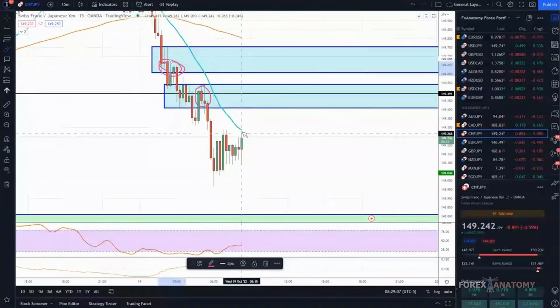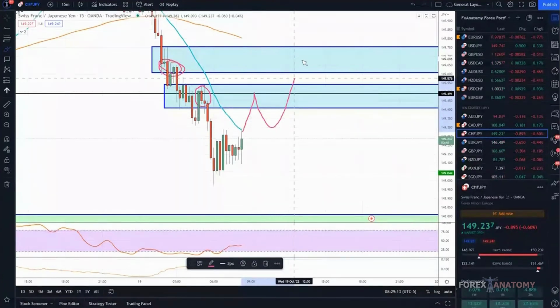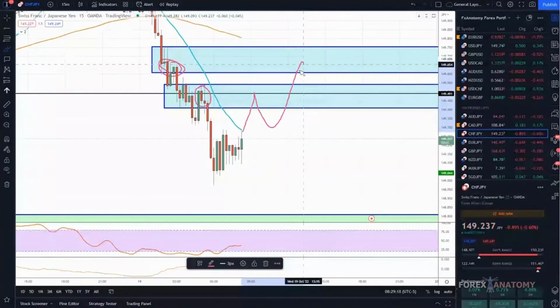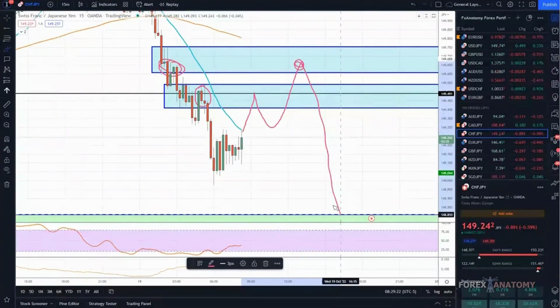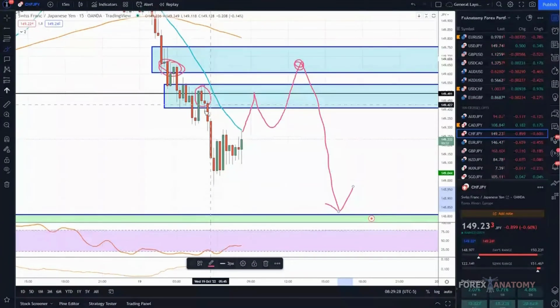So there's a possibility we could see price push up, come into this area, come down, form like an inverted head and shoulders, and then pop up to this area, giving us a 3-wave pullback. And then from here, we can look to sell. So I'm going to see if that's going to take place. I would like to see that take place, as a matter of fact.